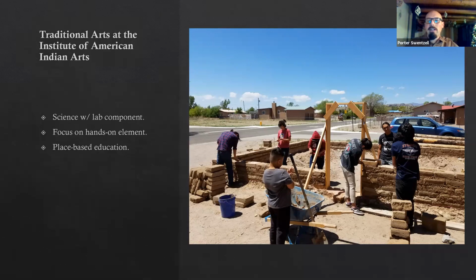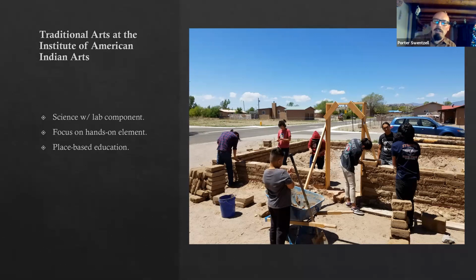And so, although these students also come from all over the United States, in some cases around the world, because the Institute is located in the midst of Pueblo country, it was really important to engage the Institute in serving a local Pueblo community by building a communal house in a Pueblo community, or assisting with that.